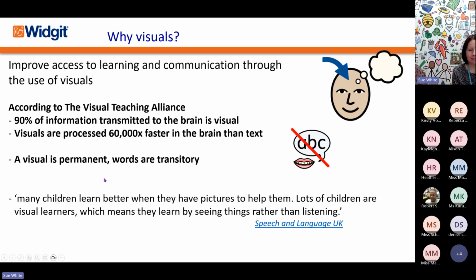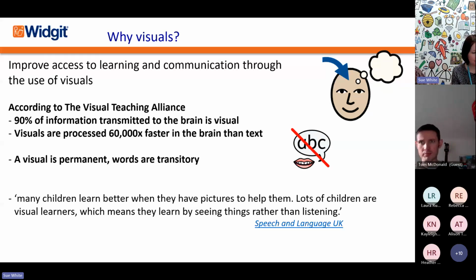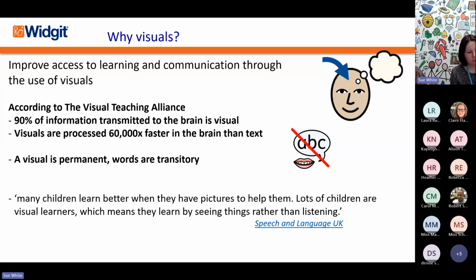There we go. I'm sure you're all very familiar with the use of visuals in supporting children and supporting everybody, really. But this is a slide that I always like to use because the statistics just blow my mind. Every time I look at this, I think that's why it's so much easier to look at a road sign or to look at some information that's presented via an icon or a symbol on a washing label, for example.